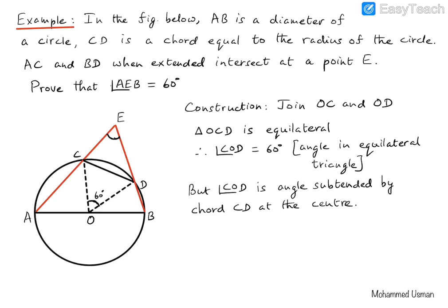Next, we will do another piece of construction where we will join BC. Once we join BC, we will now have an angle subtended by the chord CD at the circumference of the circle, which will be the angle CBD.